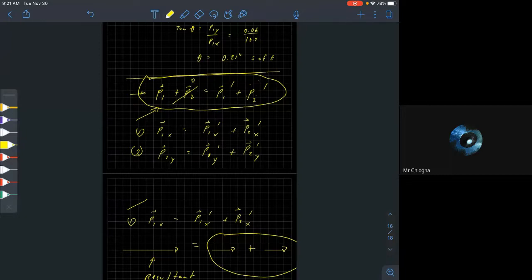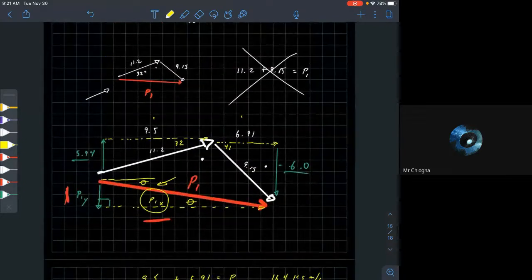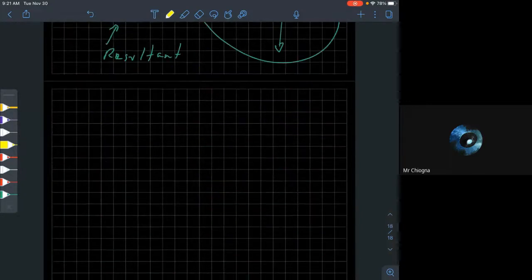Now, why didn't you just use the Pythagorean theorem right away? Because when we started, this is not a 90-degree angle. So you can't use the Pythagorean theorem until you break them up into the two equations, which is what I did.